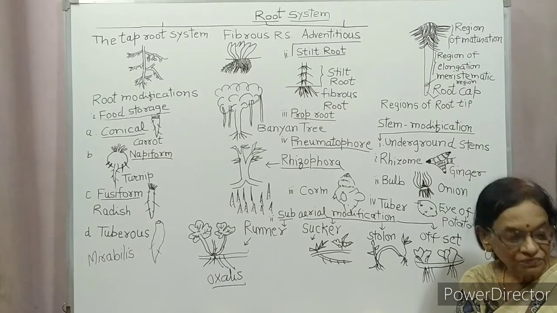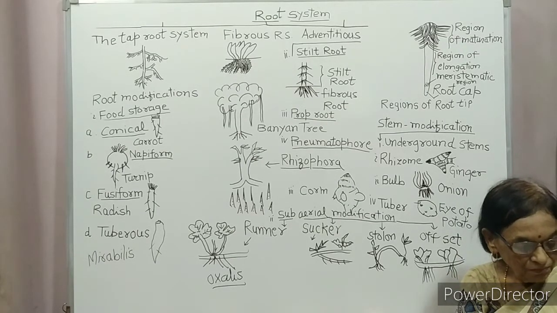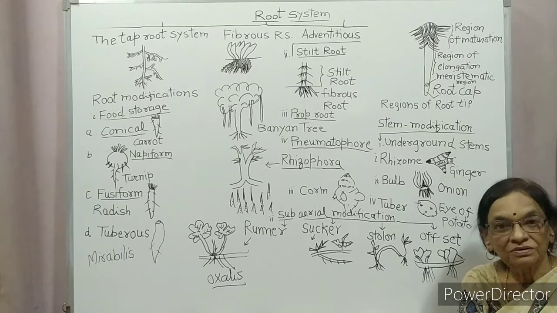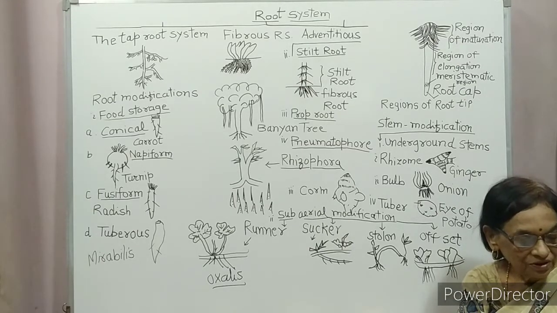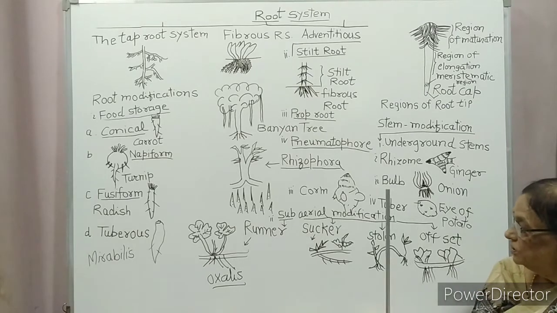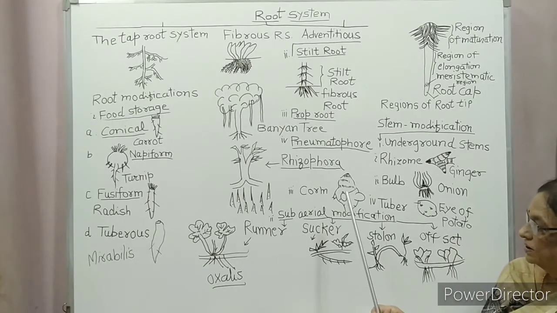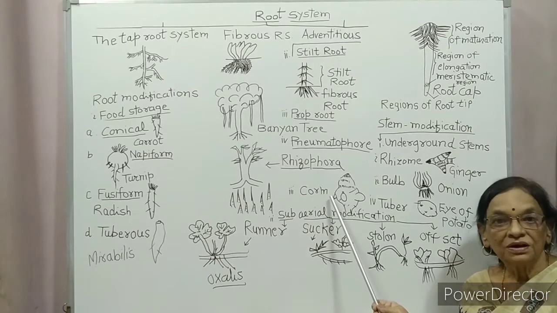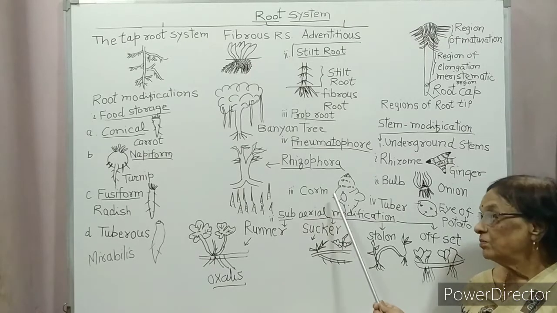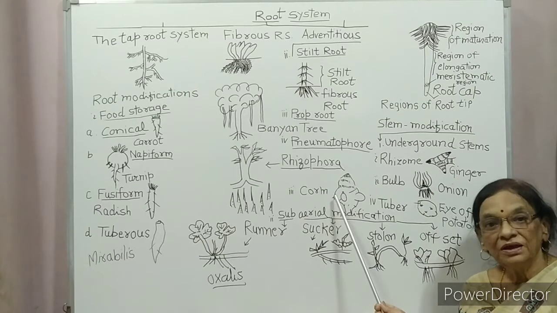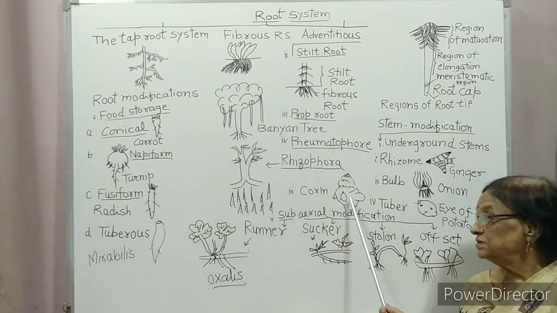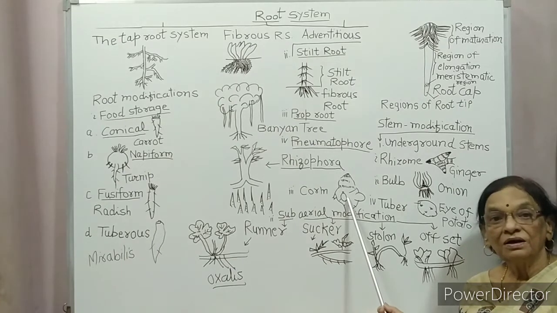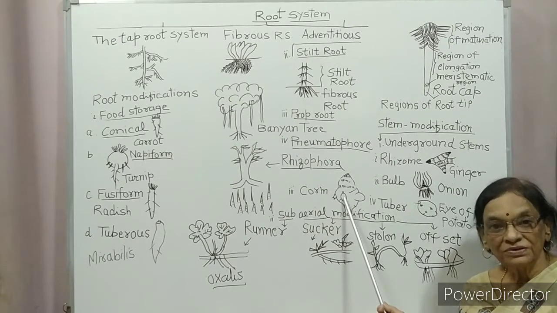Rhizome of ginger, bulb of onion, tuber of potato, and this is the corm. Corm is Amorphophallus. Amorphophallus is elephant yam. We call it suran. This is also an underground modification.